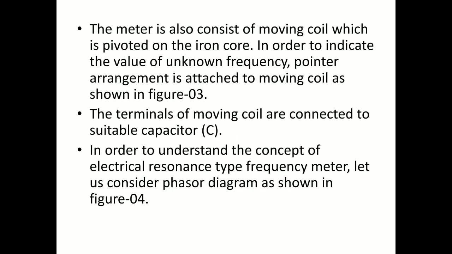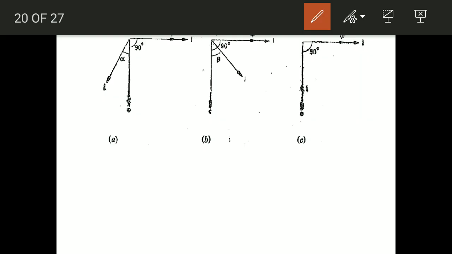Now, in order to understand the concept of the electrical resonance type frequency meter, let us consider a phasor diagram at various operating conditions of the moving coil parameter. So this figure indicates the phasor diagram of a frequency meter based on various operating conditions of the moving coil parameter.